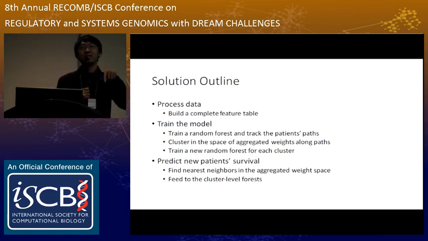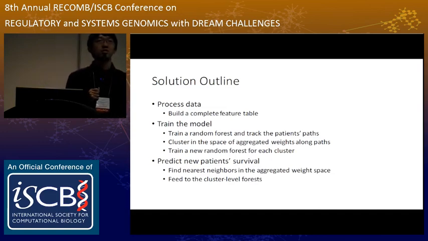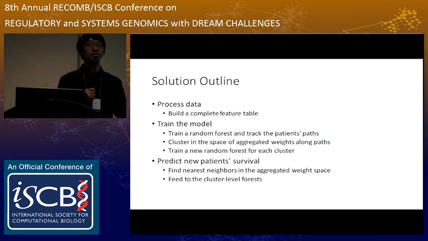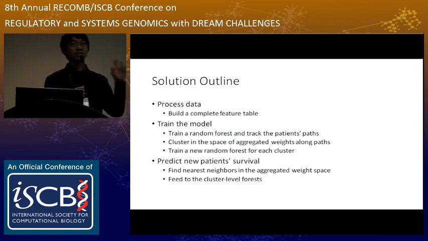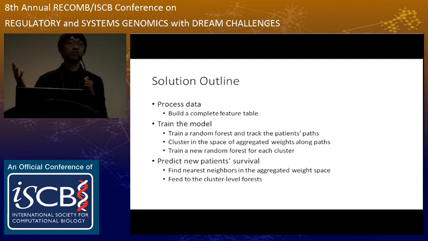Based on the paths, we can assign a weight to each of the patients and each of the features and each of the variables. Based on those weights, we can apply clustering in the weight space. Locally, we have preliminary results showing that clustering based on the weight space can give much better results than clustering based on the feature value space directly.